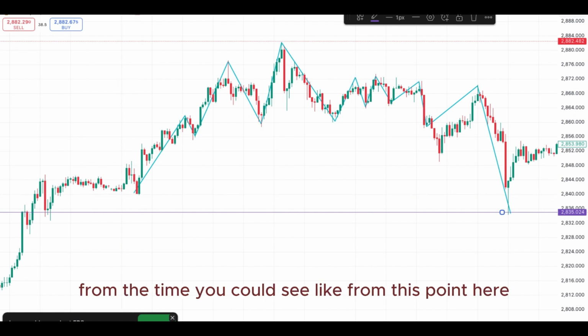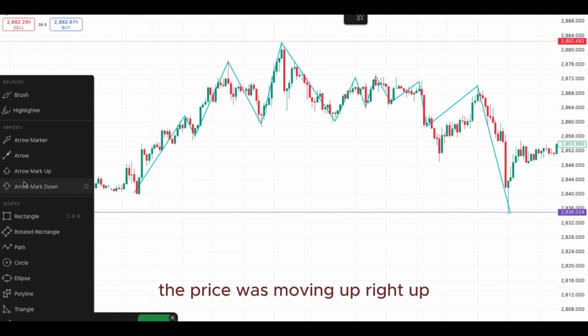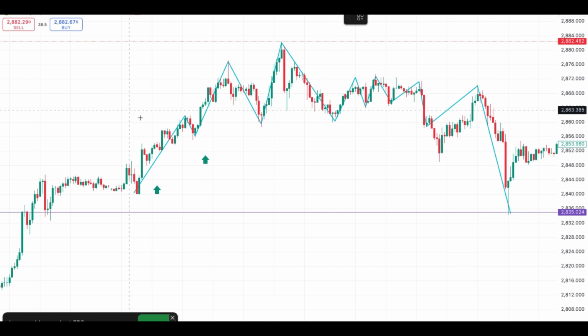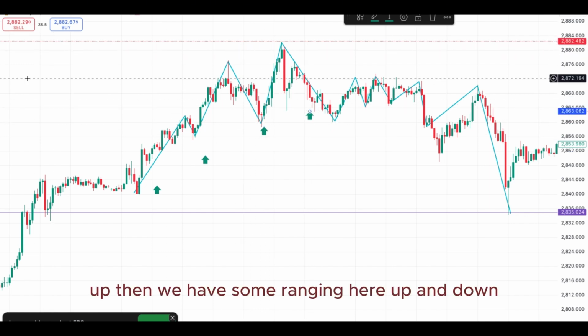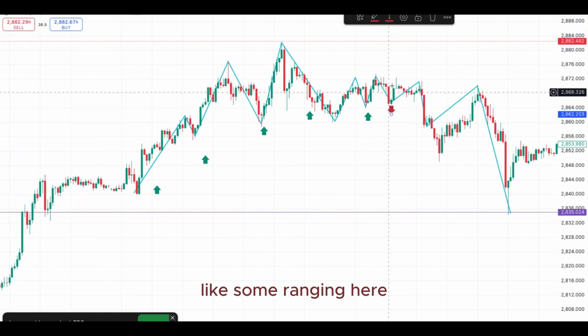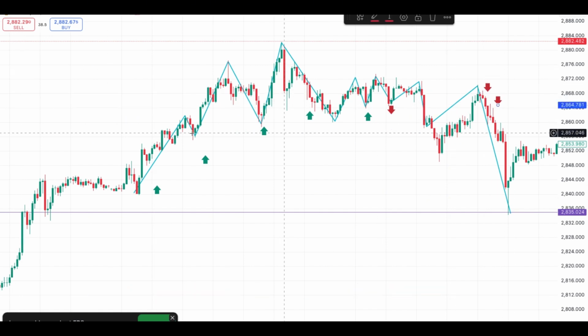Now this point has cleared all the structure that we've been talking about. You could see from this point here, the price was moving up, up, up. Then we have some ranging here, up and down. Then all of a sudden we got a big drop.